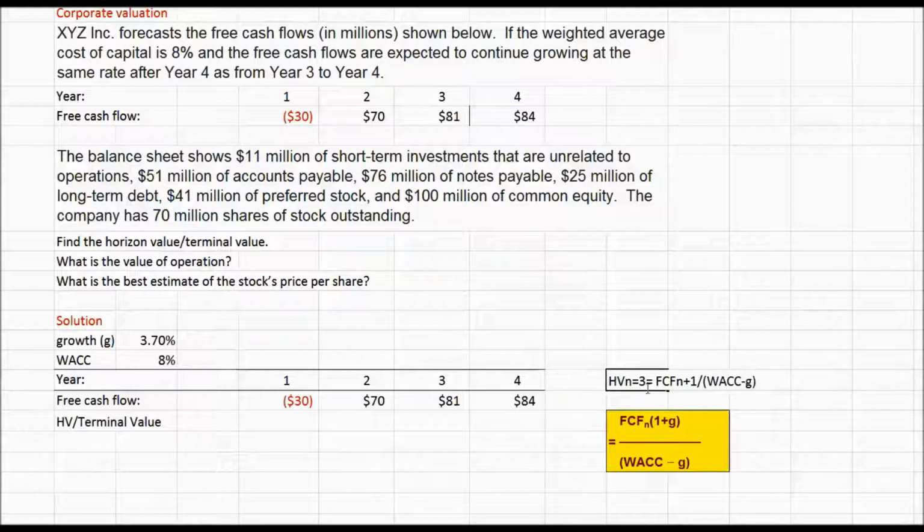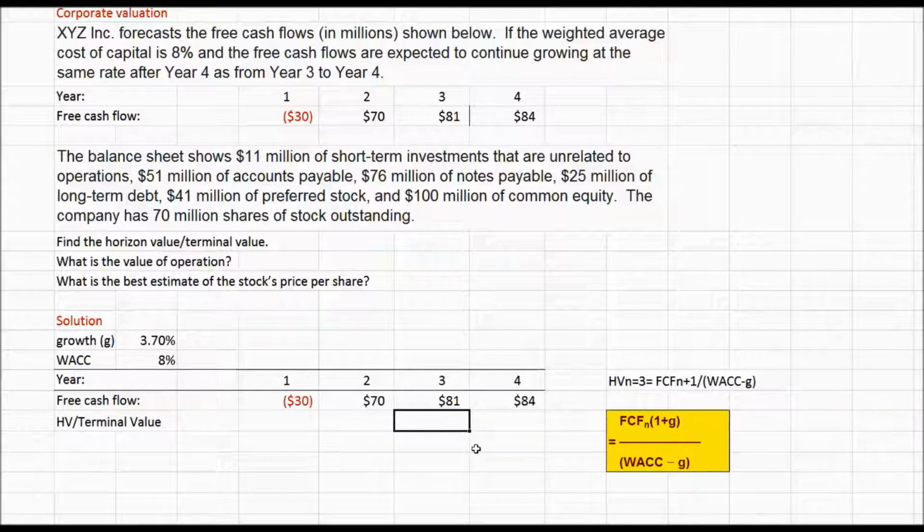This free cash flow at n plus 1 equals the free cash flow at n times 1 plus g, which we already have in this case. It's given, so you don't have to worry about that multiplication. One extra step is not needed.